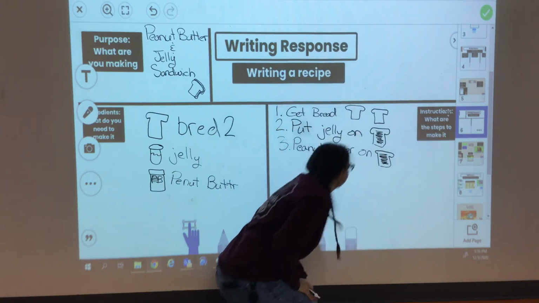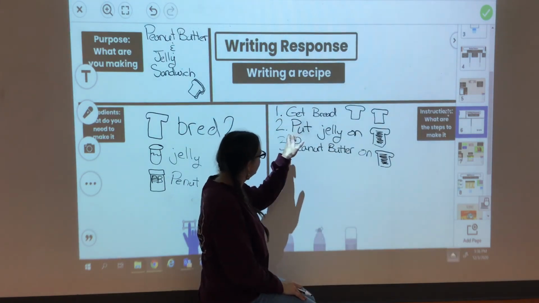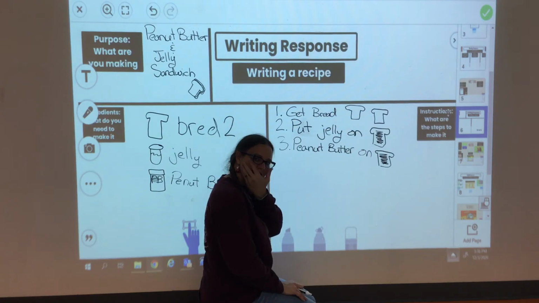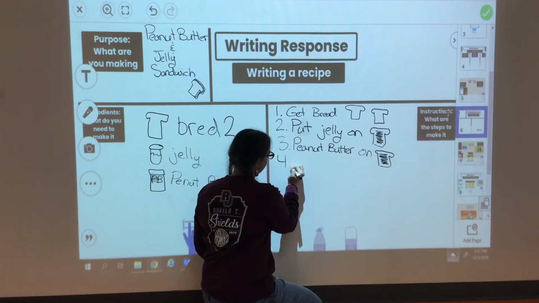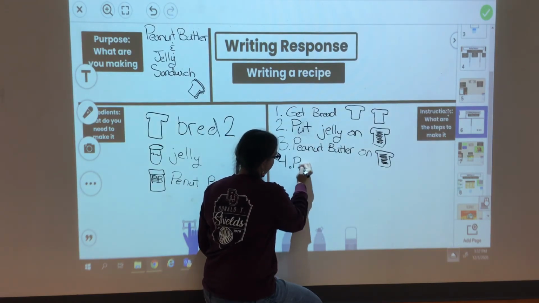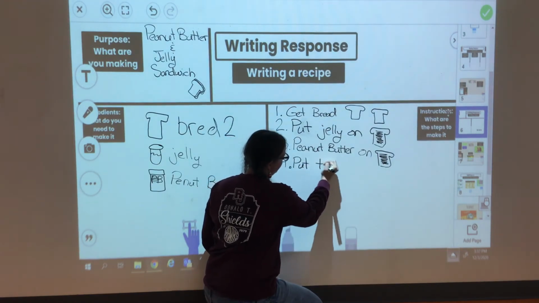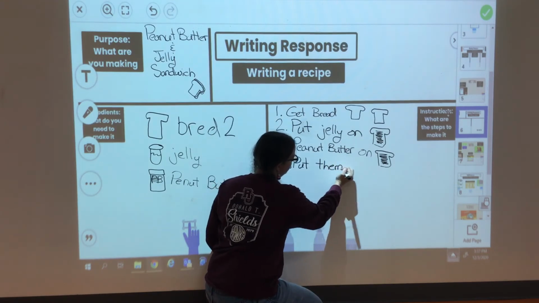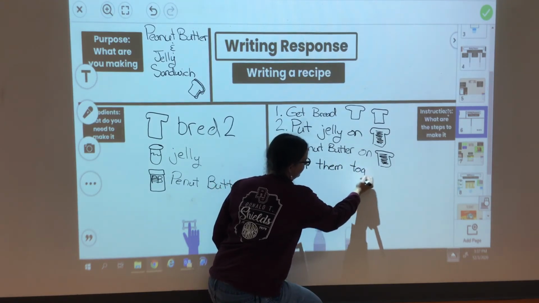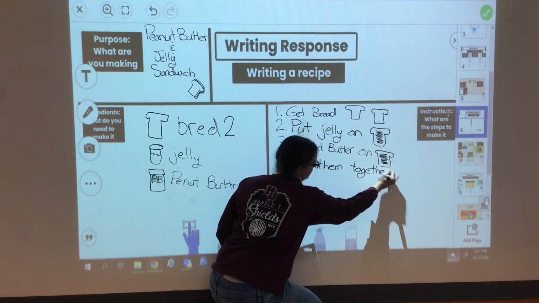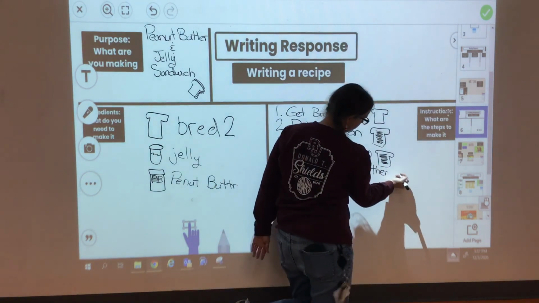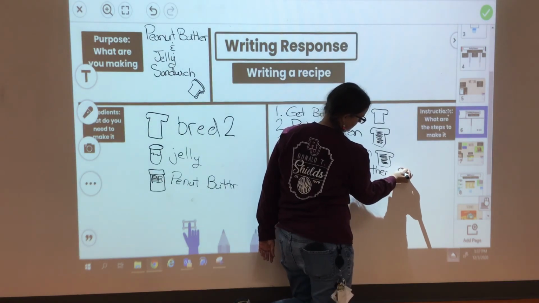All right, so now we got our bread. We put jelly on one piece, we put peanut butter on another piece. What do we do next? Oh, we gotta put them together, right? Okay, so we're gonna put it together. Put them together, okay? And so now I'm gonna draw a picture of my sandwich. My bread squished together, right?